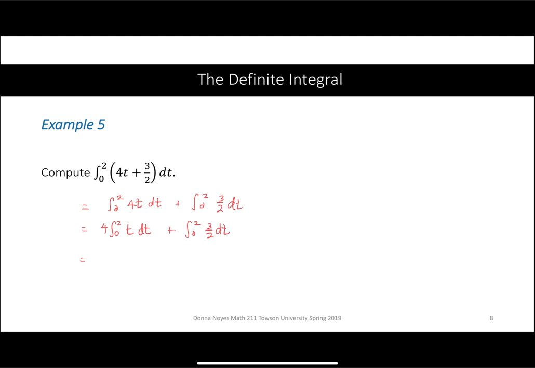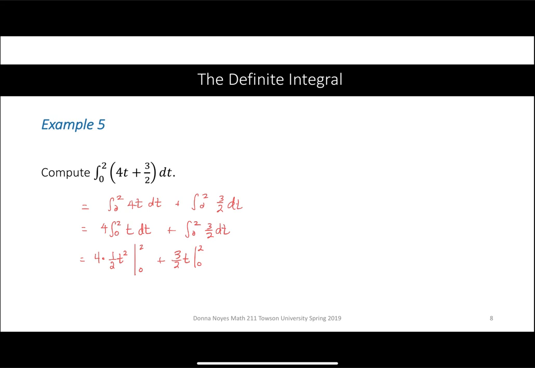We know the first one would be 4 times, and that's t to the 1, so it would be 1 over 2 t to the 2, evaluated from t equals 0 to 2, plus the integral of 3/2 dt, which, remember, if it's just a number, means it came from a t. So 3/2 t from t equals 0 to 2.